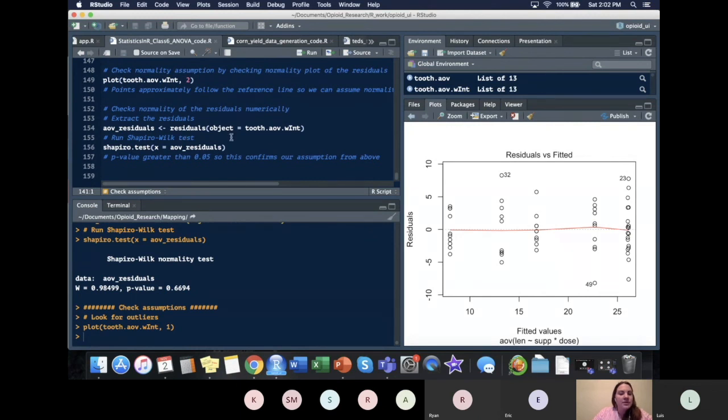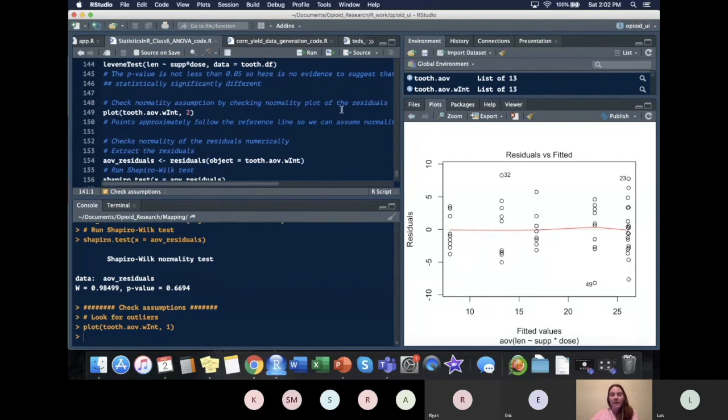So we've checked off our boxes. Our values are independent from one another. The experiment was set up to do it that way. Our data is normally distributed. We don't have significant outliers, and we have homogeneous variances, or our variances are equal.